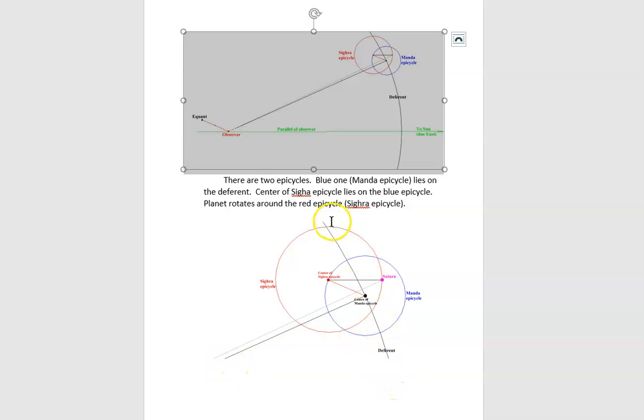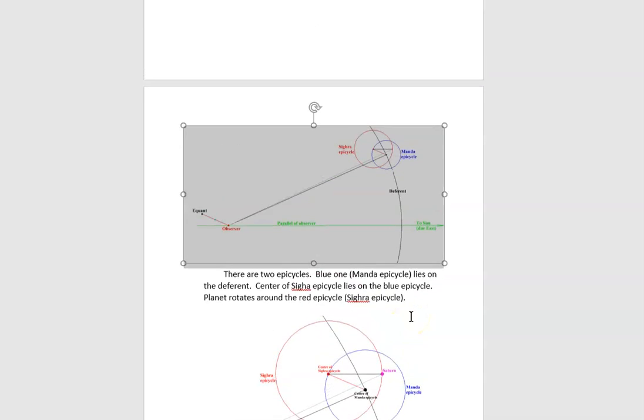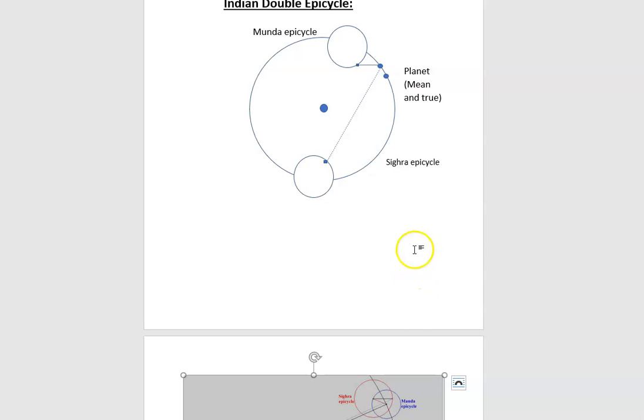Planet goes around the Earth, and the center of the circle is the Earth. And these two epicycles are there to do calculations. Now, in another double epicycle model, the planet is going around a circle, and the center of that circle is the Earth. Now, these epicycles are there to move these planets back and forth in this epicycle using equations.